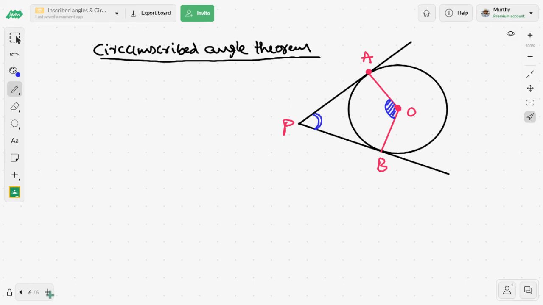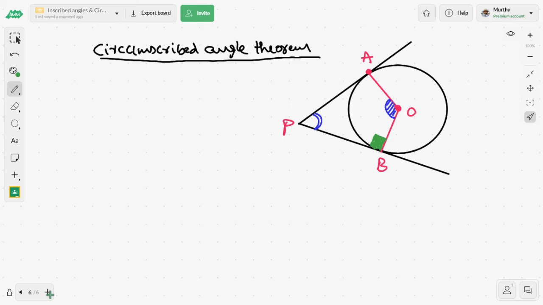An important point to be noted: the angle between a tangent and a radius is always 90 degrees. I repeat, the angle between tangent and radius is always 90 degrees.